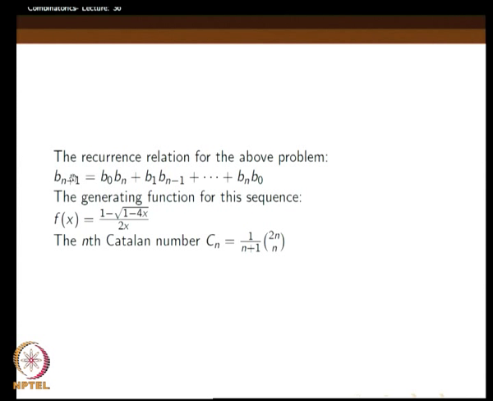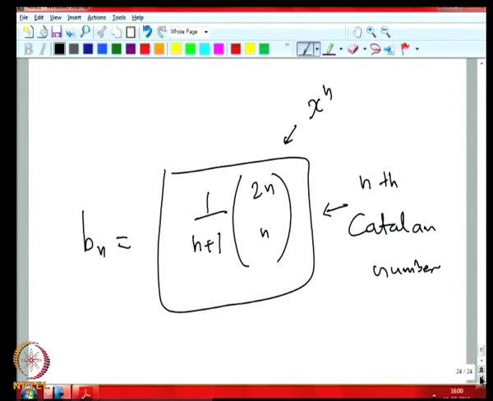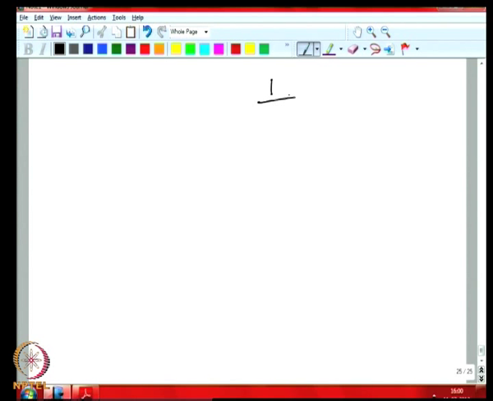And now, for instance, we can see a few examples. Initial values: C0 is 1, do you want to check it? That should be right, because that is the way we have defined it. If you put n equal to 0, this will be 1 by 1 into 0 choose 0, that is 1.